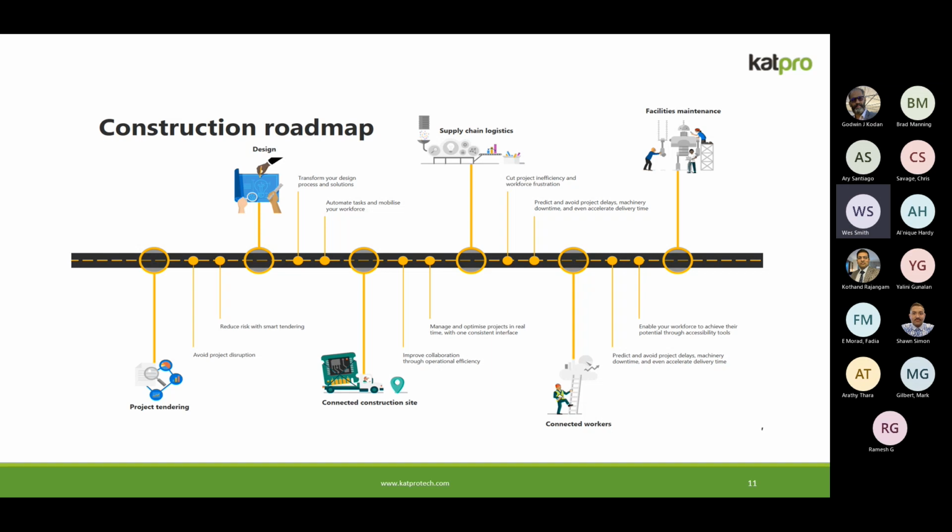Then getting into the construction phase of things with the connected construction site down there, and then following along our black road there with supply chain going on during the project, and then having connected workers, and then on down to facilities maintenance once things get turned over to the owner after FF&E and things like that. So that's just the high level.